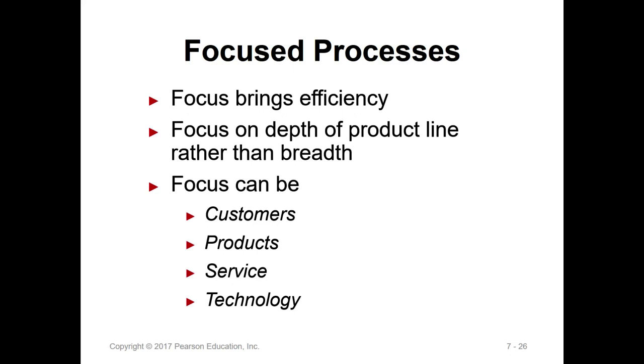Some of the companies focus on customer service. Some of the companies focus on product or technology. The textbook gives the example of Intel. Intel does not produce computers, but they focus all their research and development and all their expertise on chip manufacturing, from the foundation up to now.